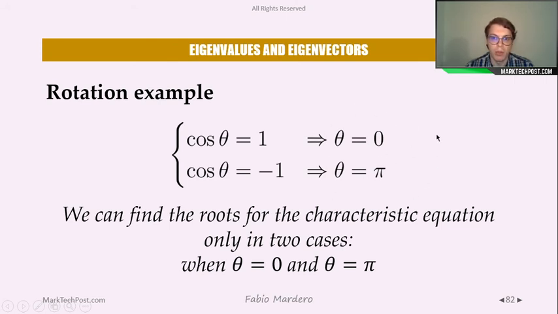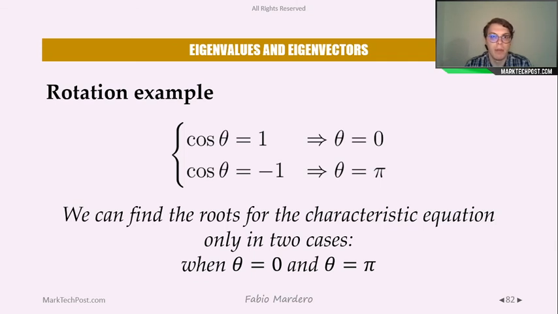So, in both cases, theta must be equal to 0 or equal to pi. Otherwise, we are not able to find real eigenvalues of the rotation. In fact, we can find the roots of the characteristic equation only in two cases, theta equal to 0 or theta equal to pi.